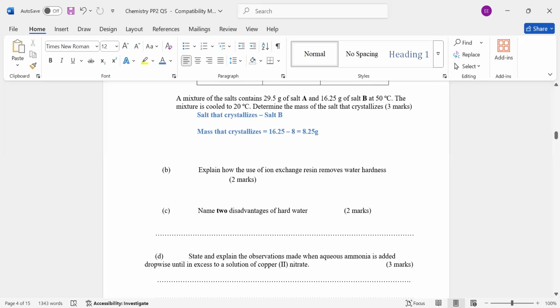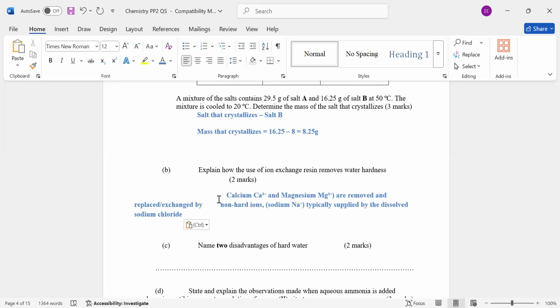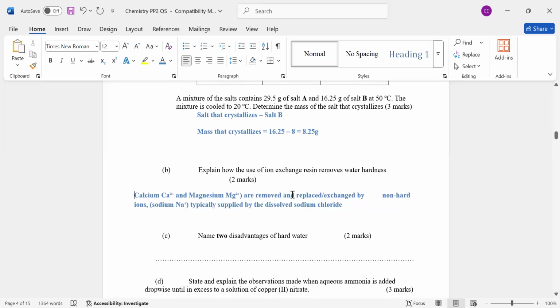But all in all, I can give you the simplest explanation. The calcium ions and magnesium ions are removed, or exchanged. We're talking about ion exchange here, so they are exchanged by sodium ions. These sodium ions are normally found in the dissolved sodium chloride within the resin.